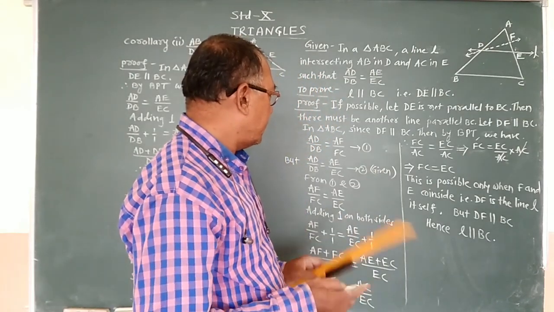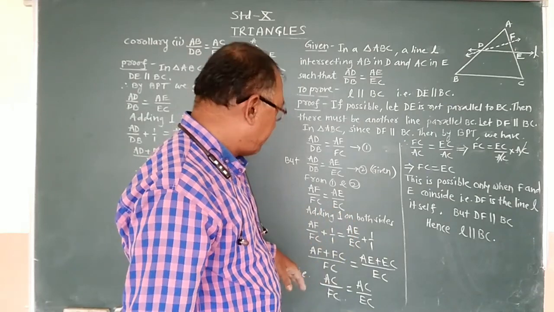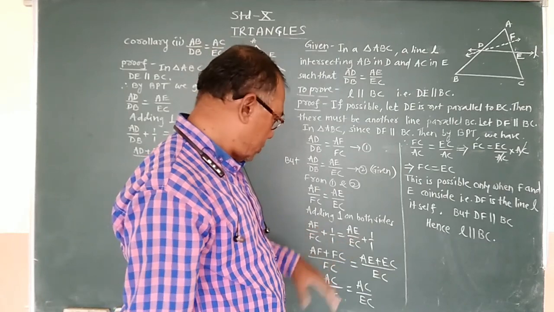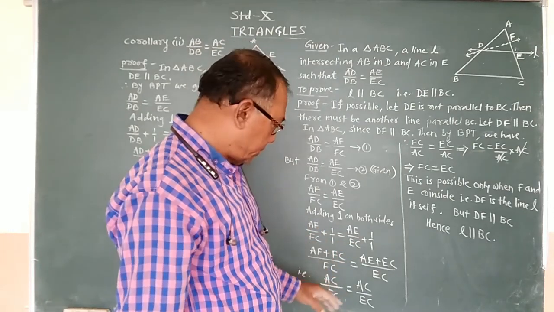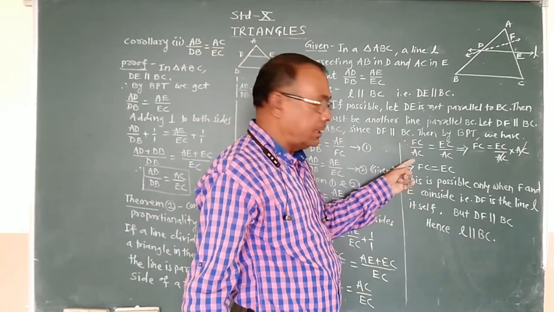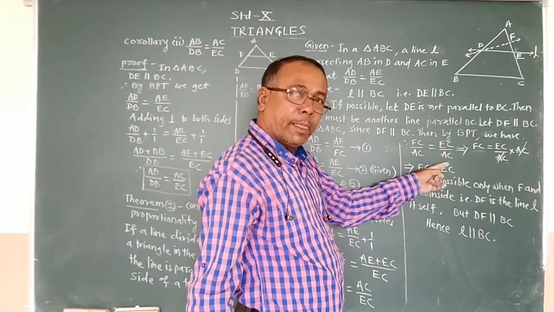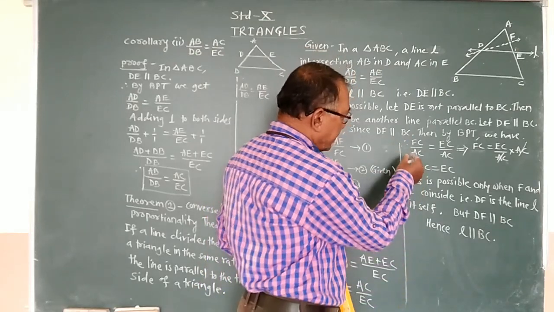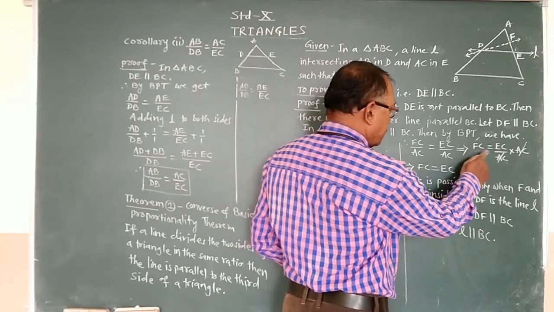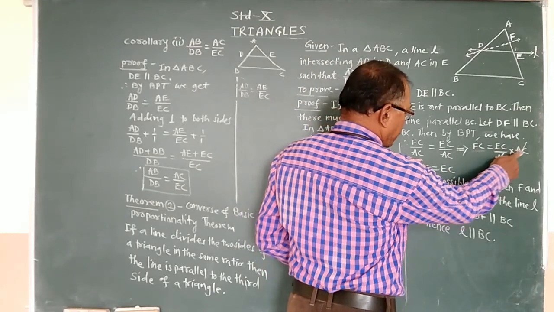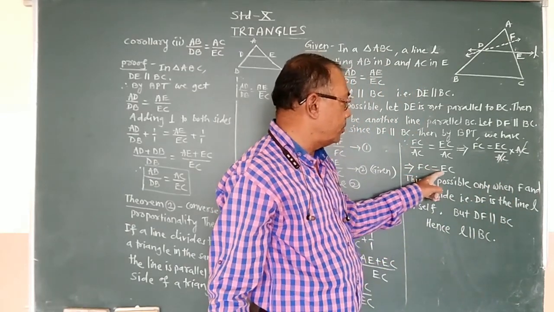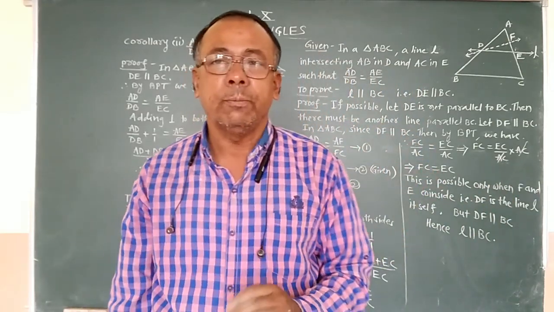Now taking the inverse of both the equations, we will get FC upon AC is equal to EC upon AC. Now AC is divided, it will multiply on the other side, and therefore FC is equal to EC upon AC into AC. Here AC will get cancelled and we will get FC is equal to EC.